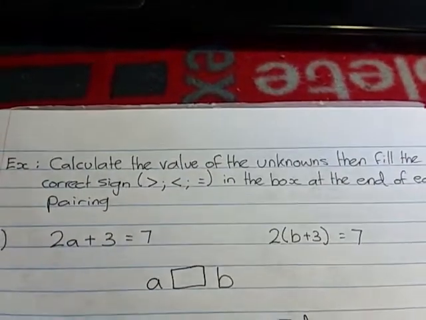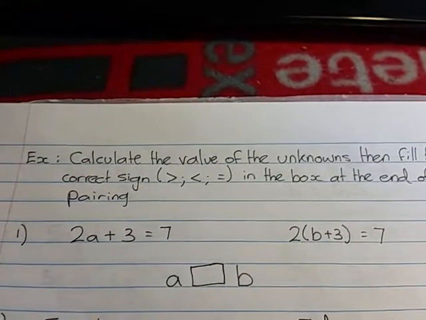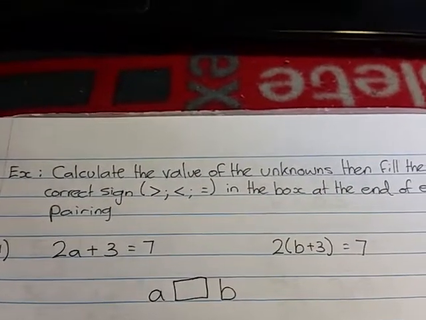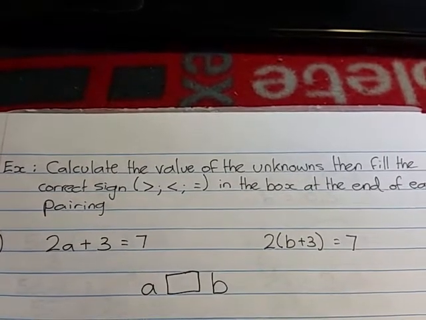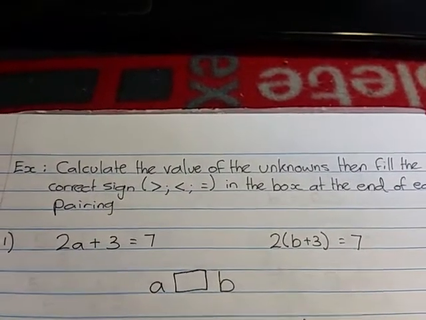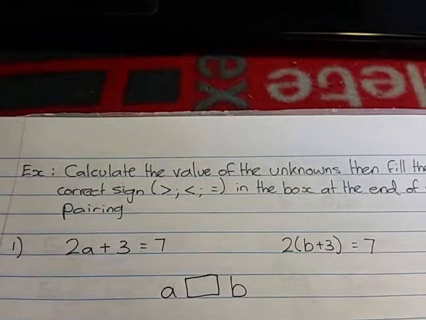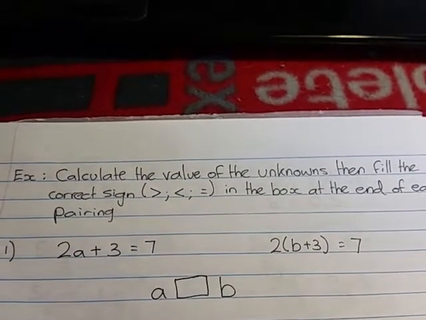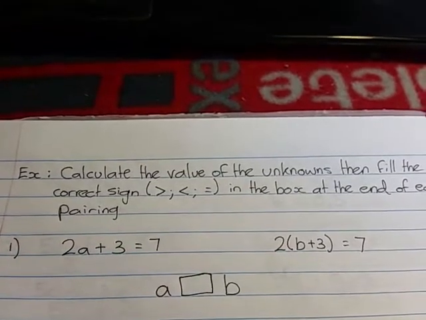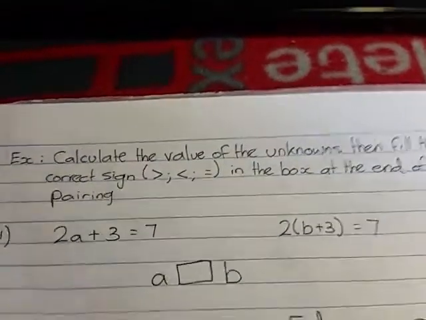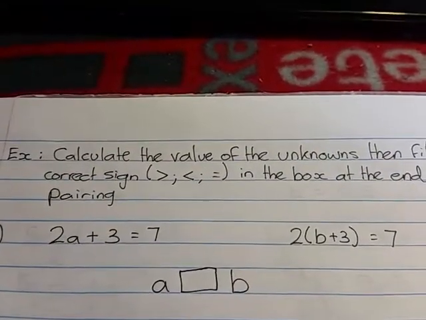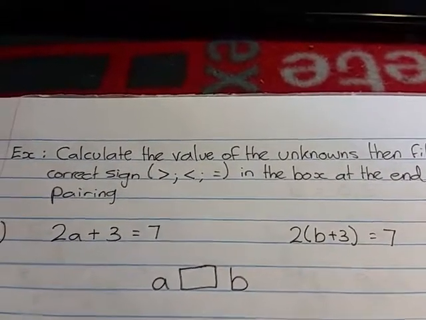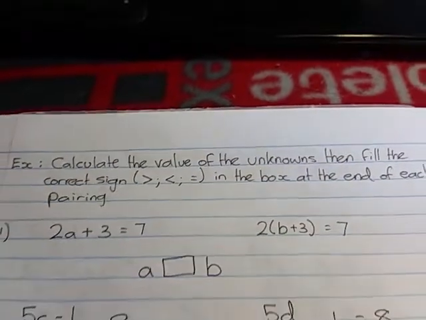So, for example, the first one I have here, I have 2a plus 3 equals 7 on one side, and I have 2 into 3 plus b plus 3 equals 7 on the other. And you are to find out, is a greater than, less than, or equal to b by filling in the correct sign. So, of course, figuring out what a is equal to and what b is equal to is your first step. And then you are going to be filling in.